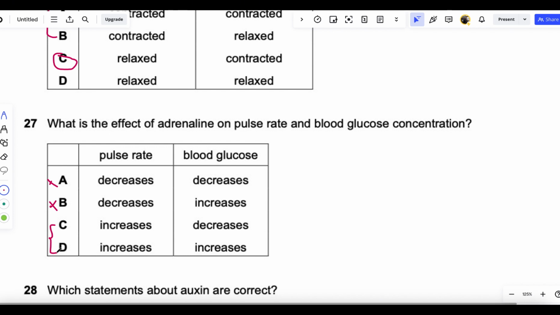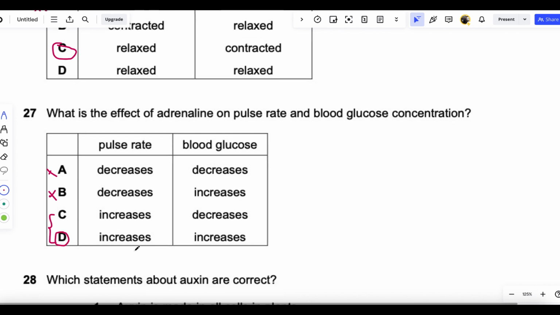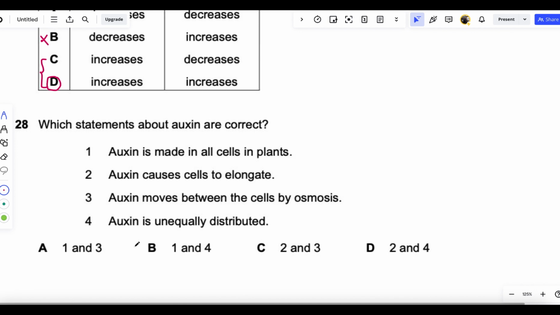That's why if you have low sugar, they ask you to take adrenaline. So it increases pulse rate and also increases the sugar level. So the right answer is D. It increases both your pulse rate and your sugar level if you have low sugar.